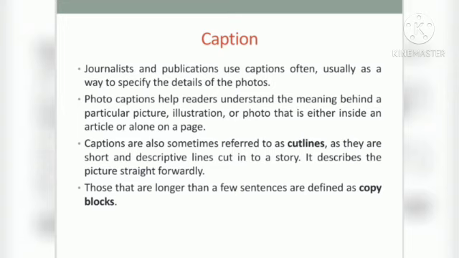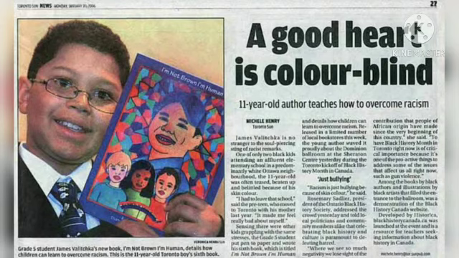All right. So for you to fully understand our topic, I have incorporated this newspaper report. And if you look at this report, we can find headline, subheading, as well as caption. Which is the headline? Yes, a good heart is colorblind.